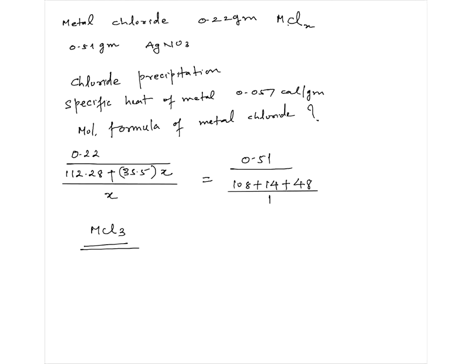They are reacting with each other completely, so you don't have to worry about the limiting reactant concept. Equivalence of MClX equals equivalence of AgNO3. So equivalence means gram weight 0.22 over equivalent weight of MClX.